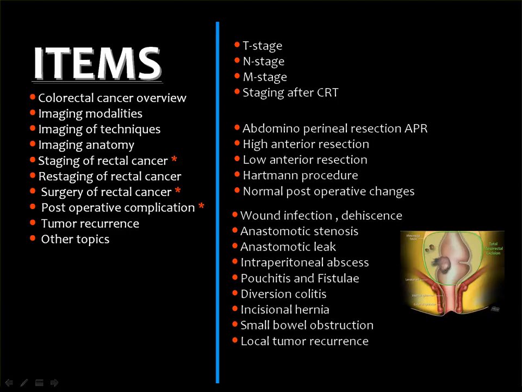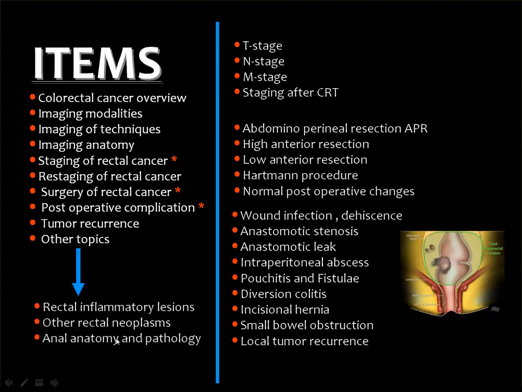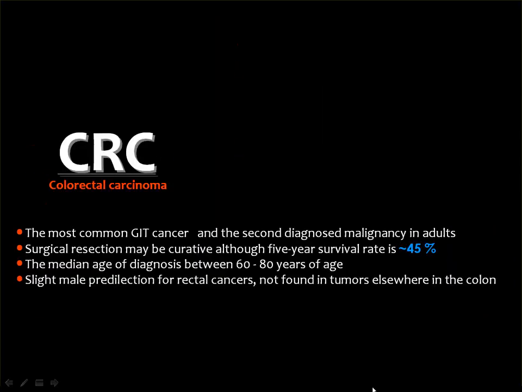And here the post-operative complications, including wound infection and dehiscence, anastomotic stenosis and leak, intraperitoneal abscesses, fistulae, colitis, incisional hernia, small bowel obstruction, and local tumor recurrence. Then these are the expected topics to be handled in the other sections, including the rectal inflammatory lesions, other rectal neoplasms, and anal anatomy and pathology.